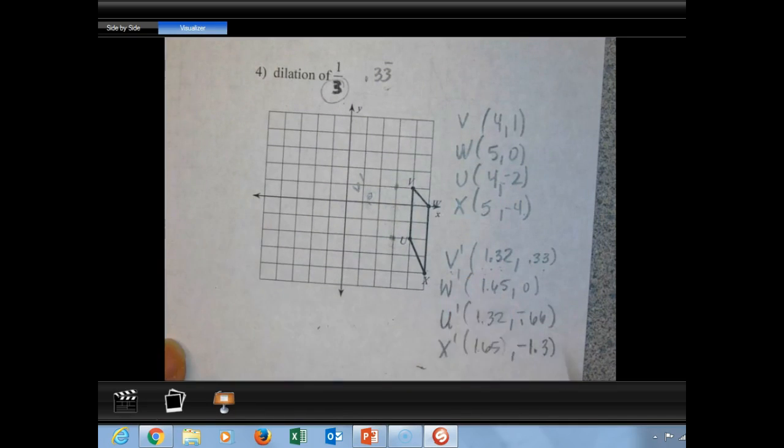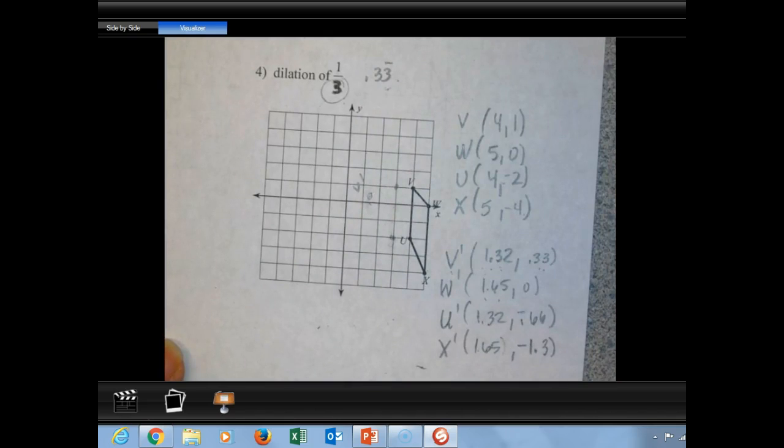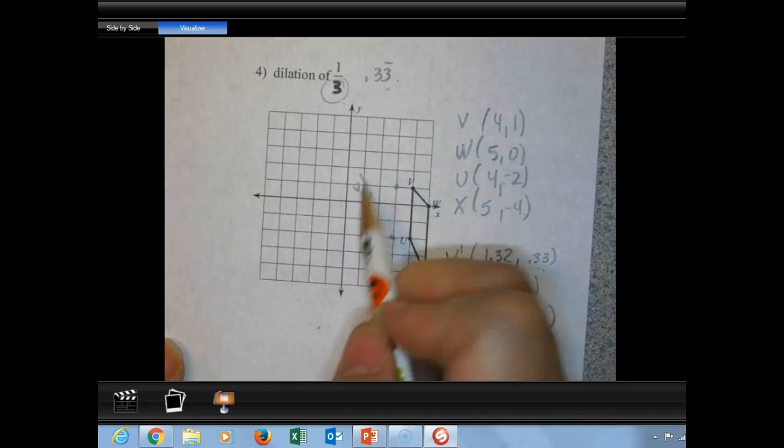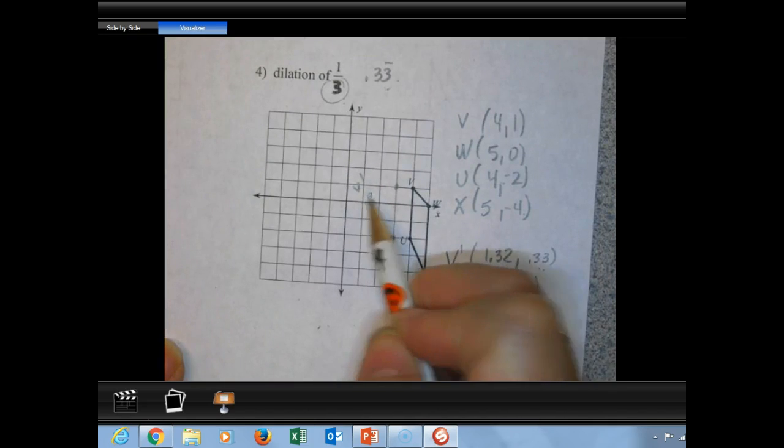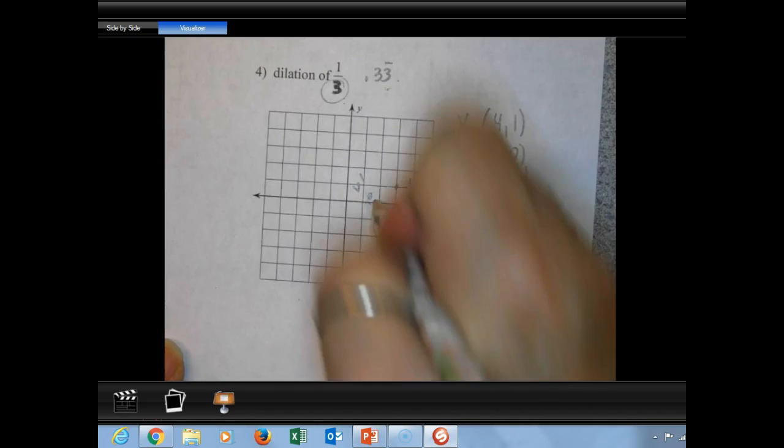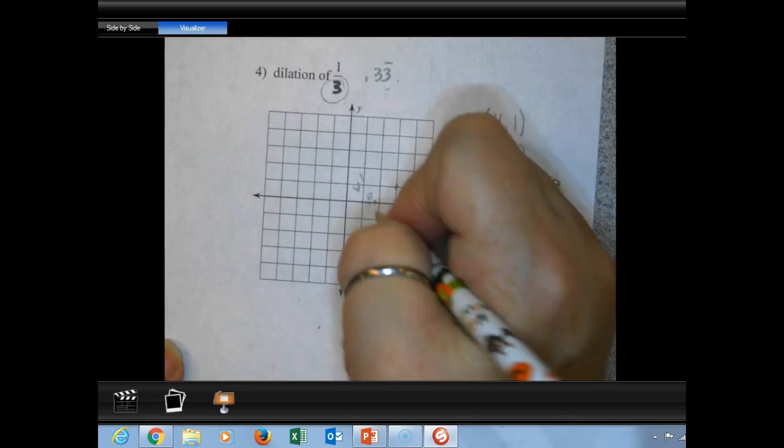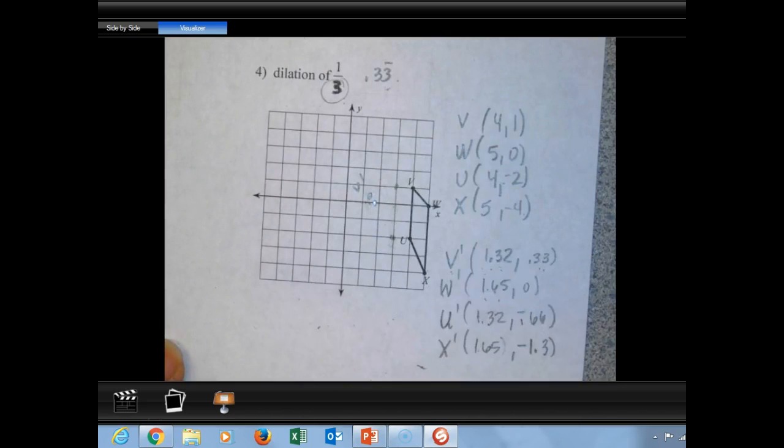All right. For W, 1.65. So that's close to 1.66. So again, listen. 0.33 is 1/3, so 0.66 is about 2/3, correct? So I'm going to go 1 and about 2/3. My Y is 0, so I'm going to put a little point there.